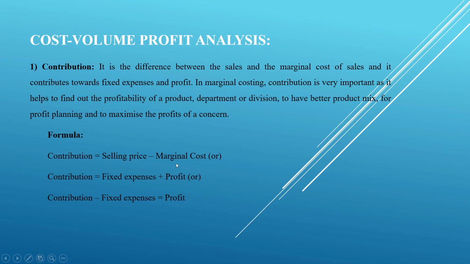So we can use either of these formulas to calculate the contribution value and to know the profitability of any product, department or any kind of division made in the company. Either of these formulas is very important, so you need to understand the formulas for solving any kind of numerical problems. So this is the first concept of CVP analysis.